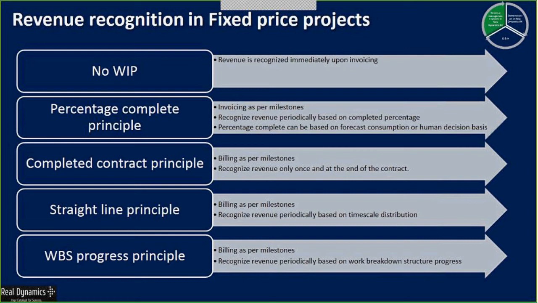So typically, if you want project managers managing the work breakdown structure and using that as a basis to recognize revenue, then the WBS progress principle is the option to use. Keeping in mind all 5 principles, we'll be exploring all of those 5, and one of them in detail, which is the percentage complete principle.